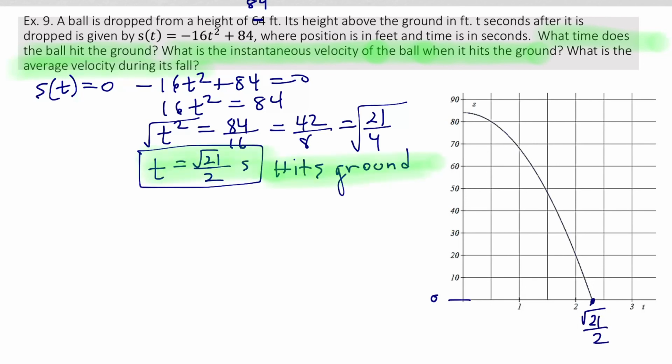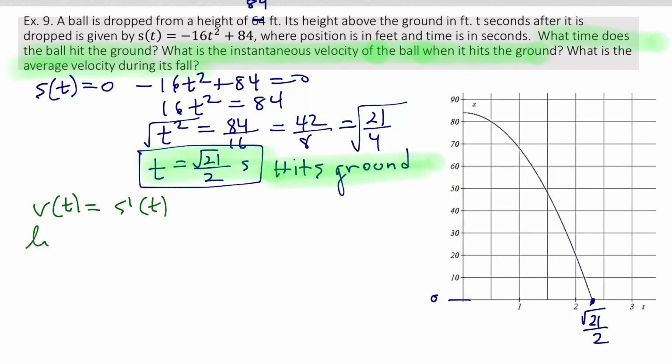Next, we want to find what is the instantaneous velocity of the ball when it hits the ground. So right here, the instant it hits the ground, how fast is the ball moving? So we need to find v of t, the velocity function. That's the first derivative of the position function.